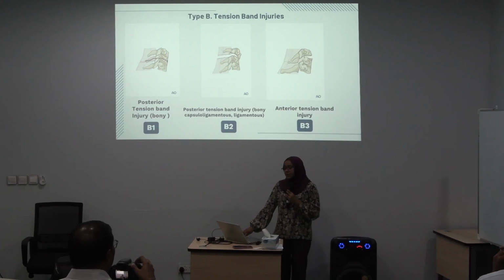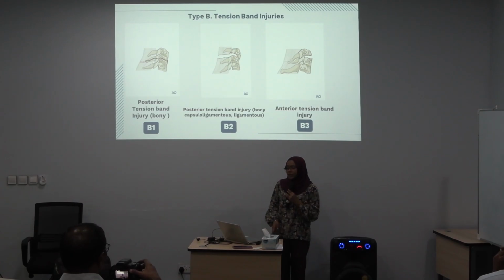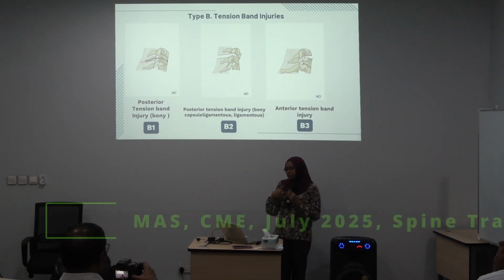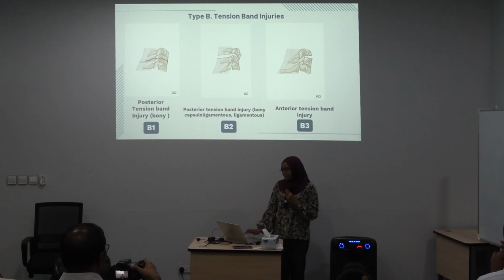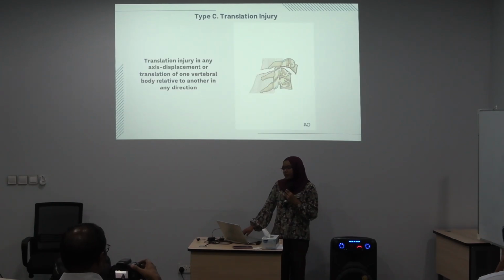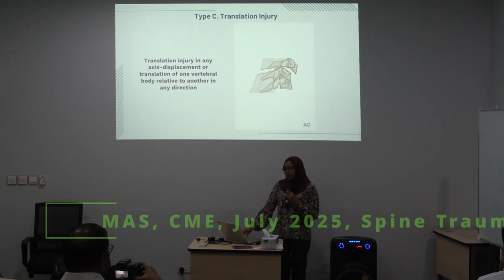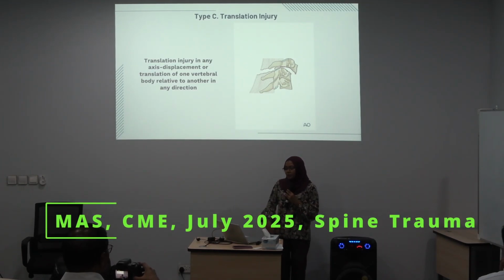Type B injuries are where we see tension band injury, going from only posterior tension band injury just through the bones to anterior tension band injury causing translation. And lastly type C is when there is a translation injury, where we see excess displacement or translation of one vertebral body relative to another vertebra in any direction.